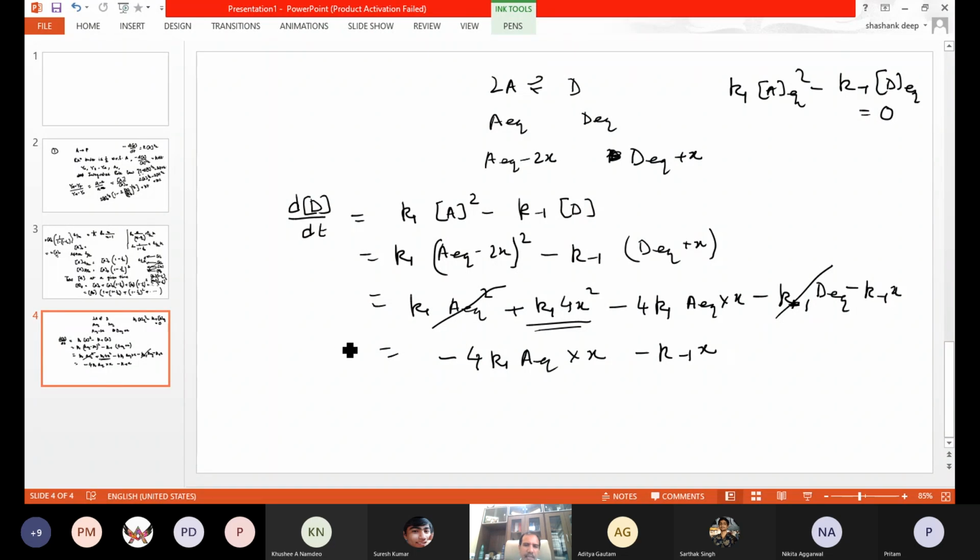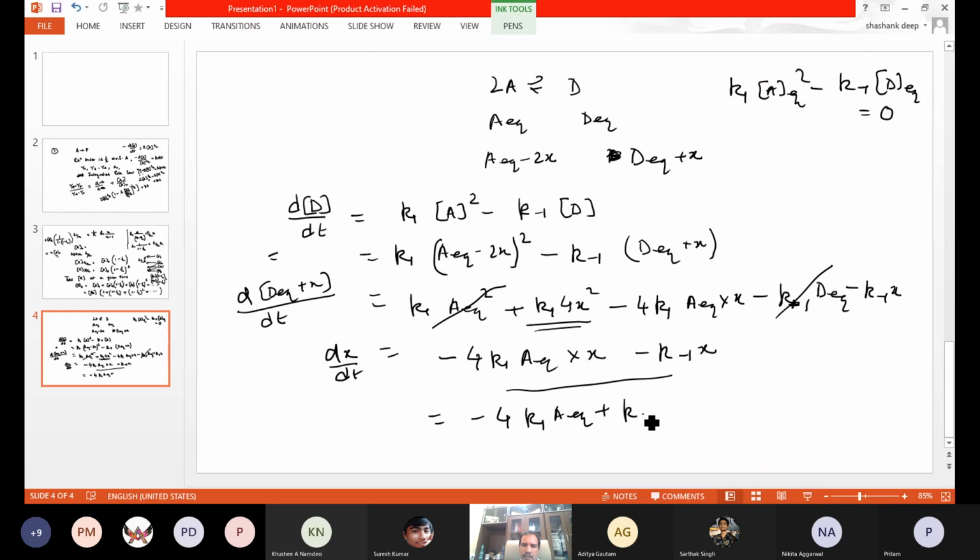And this you can also write as dx by dt, because if you look at d, it is d equilibrium plus x, divided by d by dt. Okay, and d equilibrium by dt is 0, so it is simply dx by dt. So dx by dt is given by this equation. Or simply you can write minus 4 k1 A equilibrium plus k minus 1 into x.